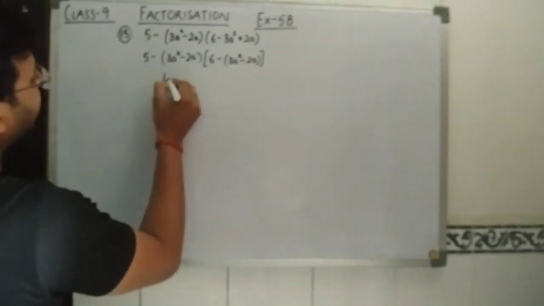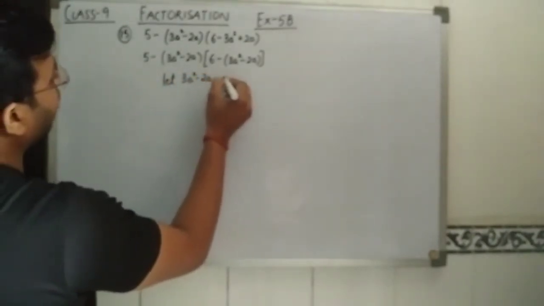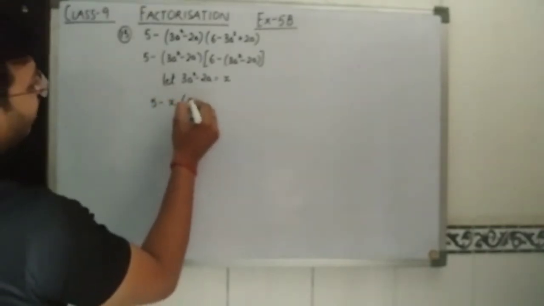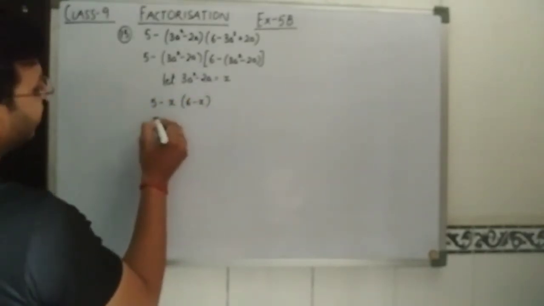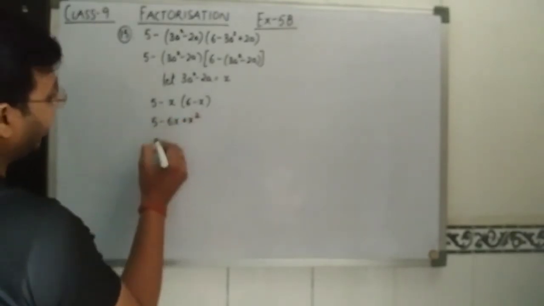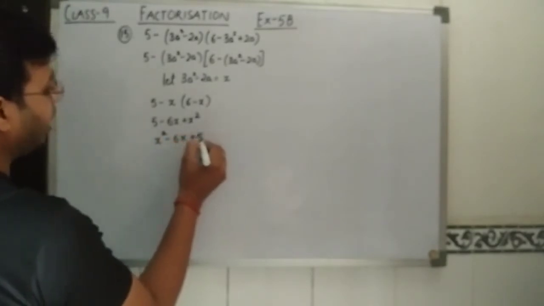After that, let 3a square minus 2a be equal to x. So it can be written as (5 minus x) and (6 minus x). When we open the brackets and arrange all the terms, the result will be x square minus 6x plus 5.